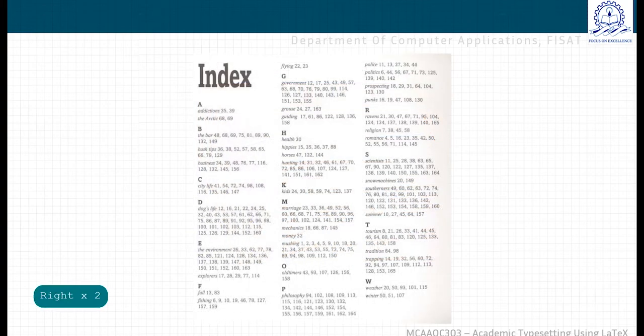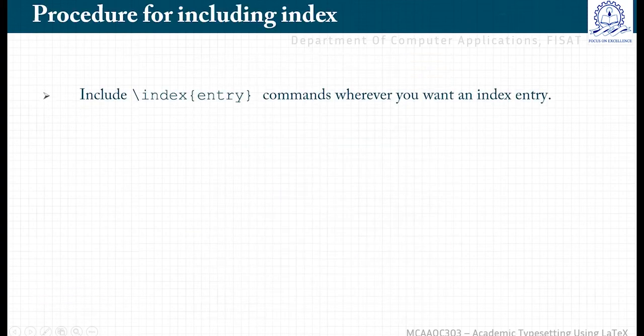The most generally used index preparation program is MakeIndex in LaTeX. These are the procedures for including the index. First of all, we need to include the \index command wherever you want an index entry. Each index command causes LaTeX to write an entry in the .idx file. As we have seen with the bibliography and table of contents, here also a separate file is created while adding the index command.